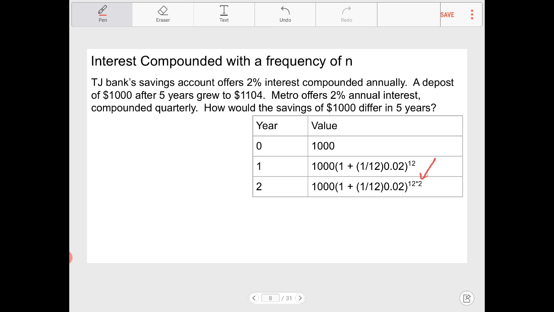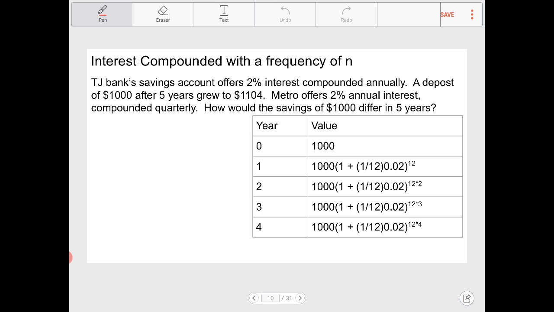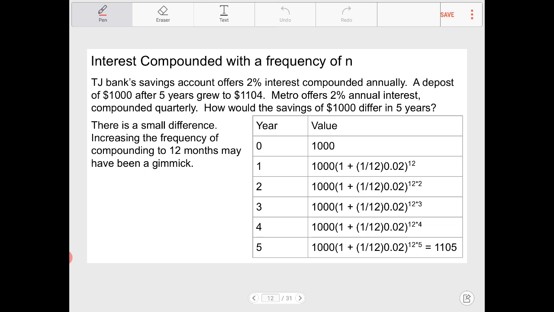It will have grown 24 times in 2 years. And then in the third year, and then in the fourth year, and finally in the fifth year. So by the end of the fifth year, compounding monthly, the account will have grown by more than $1, which actually sounds very gimmicky, doesn't it?